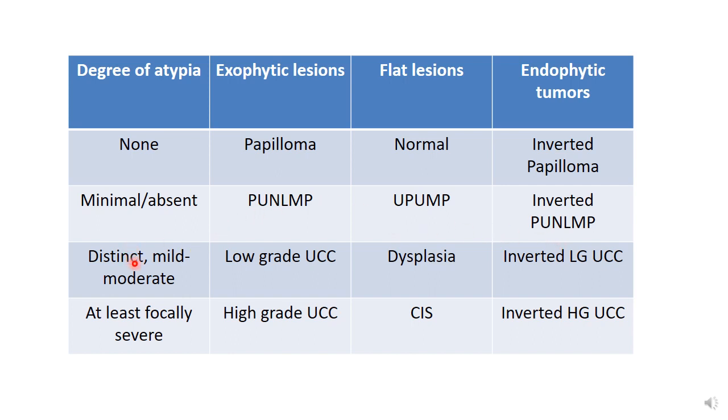If you have distinct mild to moderate cytological atypia, then it is low grade papillary urothelial carcinoma. The flat equivalent would be dysplasia, and the endophytic counterpart would be inverted low grade urothelial carcinoma. And when you have at least focally severe atypia, the majority of experts would classify that as high grade urothelial carcinoma, the equivalent in the flat process would be CIS, and the equivalent in an endophytic setting would be inverted high grade urothelial carcinoma.